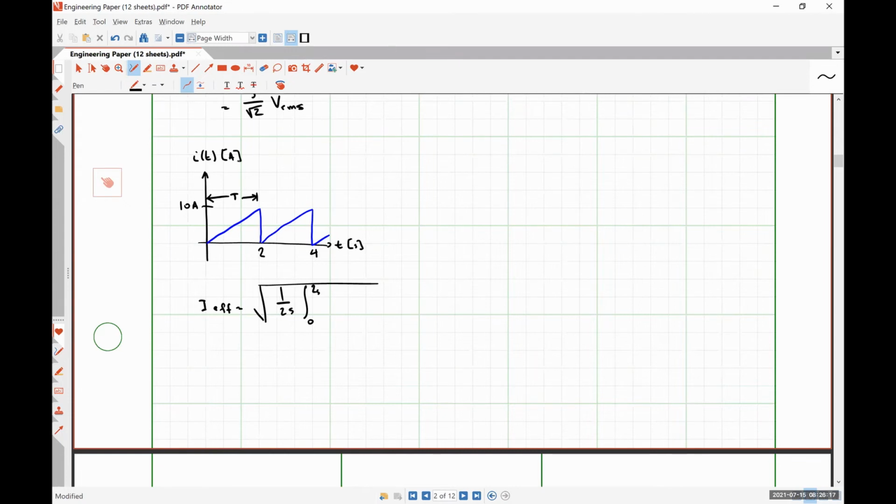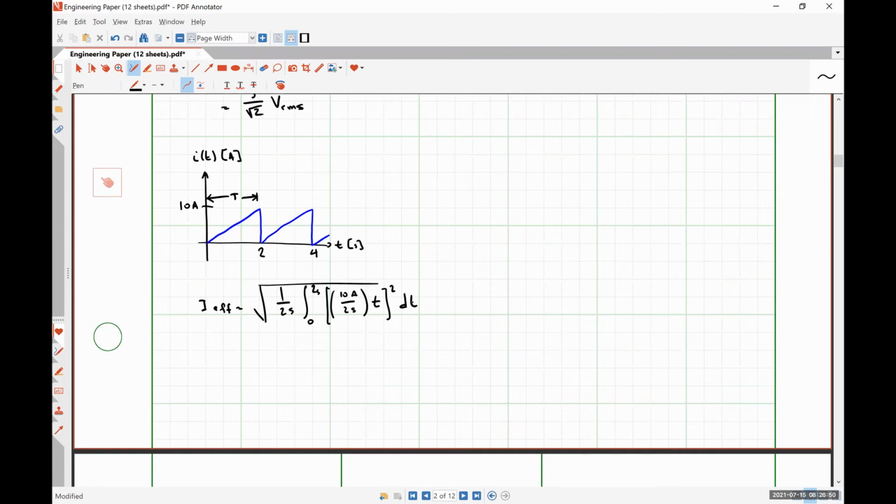It's a line, right? It's a linear relationship. So what's its slope? So it has a slope of 10 amps per 2 seconds, or 5 also works. 5 amps per second would be perfectly valid there. Multiplied by time. Does it have a y-intercept that we need to take care of? No.